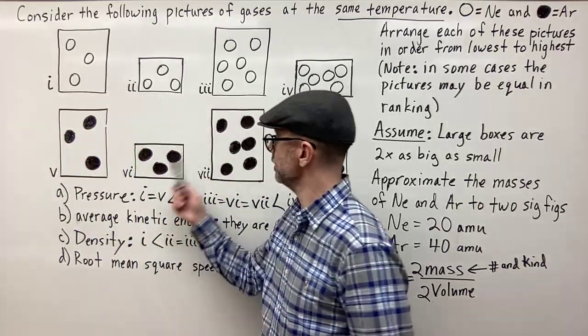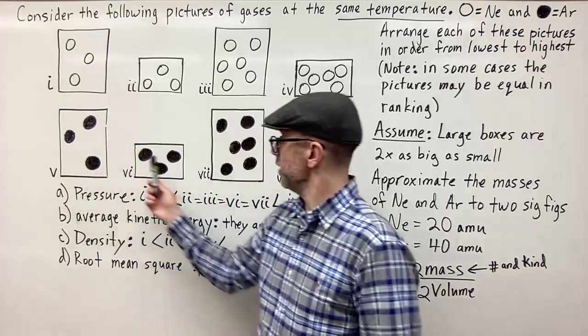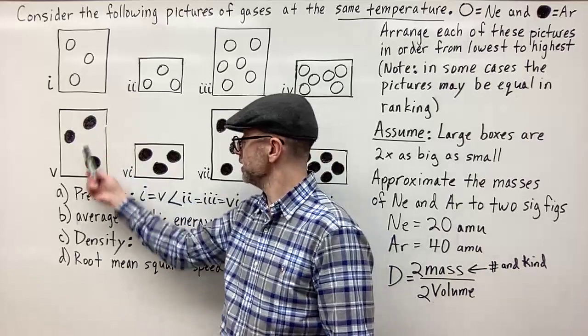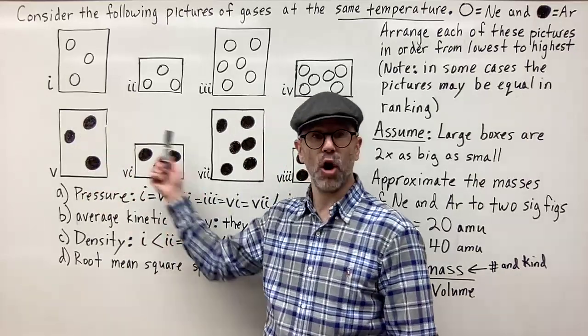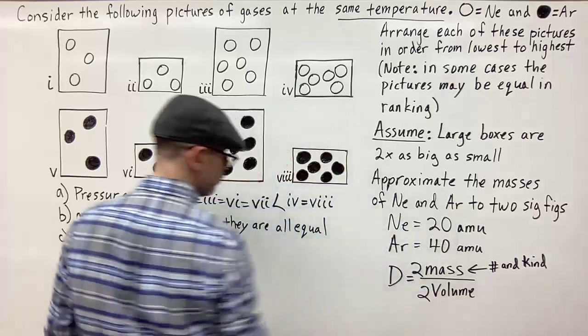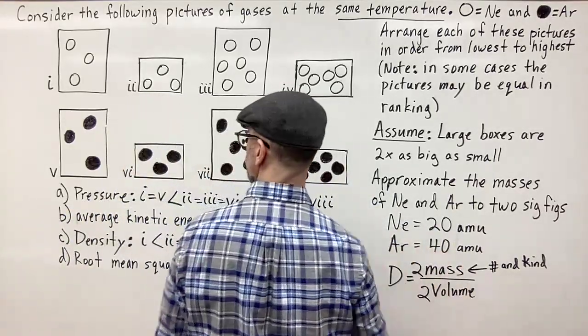So number 6, like I said, if we're comparing this and this, this one is going to be twice as dense as this one. They have the same number of particles, but the volume has been cut in half. So we decrease the volume by 2, and so the density is going to be increased.